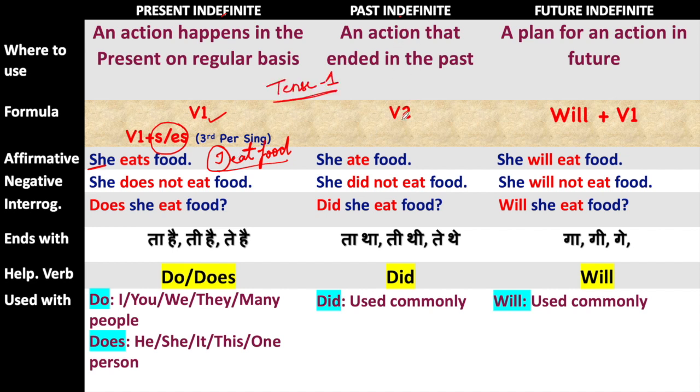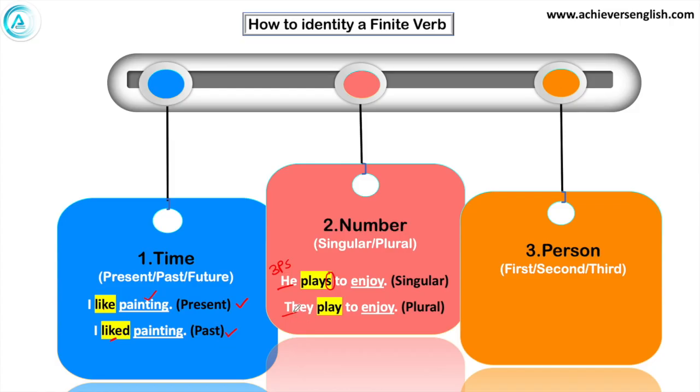And past indefinite tense is simply made by using the second form of the verb, that is ate. When we put the subject they, then we have to change it into play. It means that when we change the number of the person, then we have to change the verb. So those verbs which are getting affected are finite verbs, but those verbs which are not getting affected are non-finite verbs.